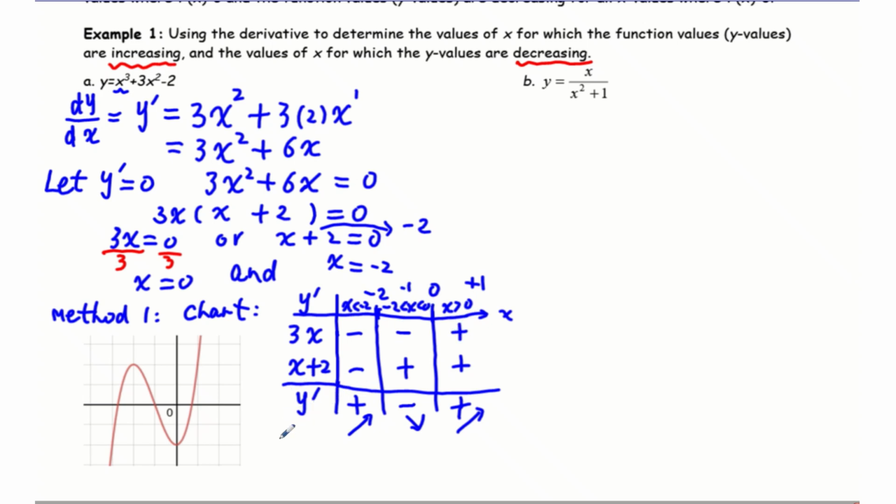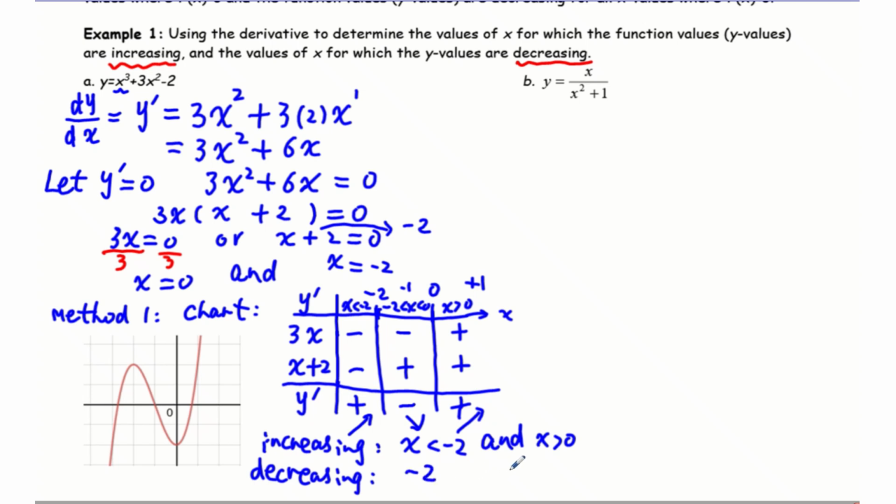From this chart, we see that it is increasing for x less than -2 and also x greater than 0. And the decreasing part, where y prime is negative, is from -2 to 0.